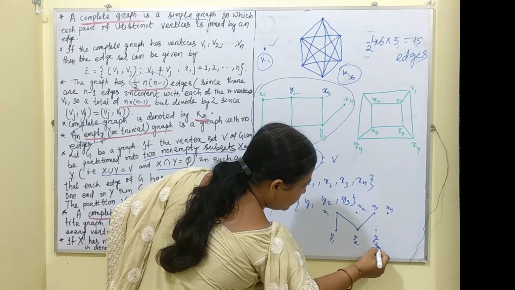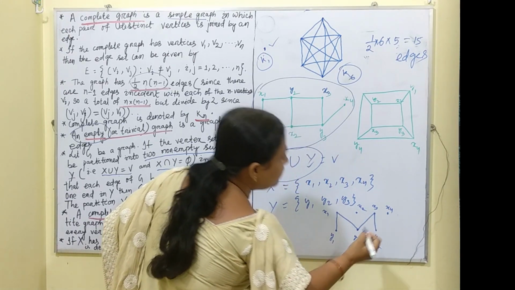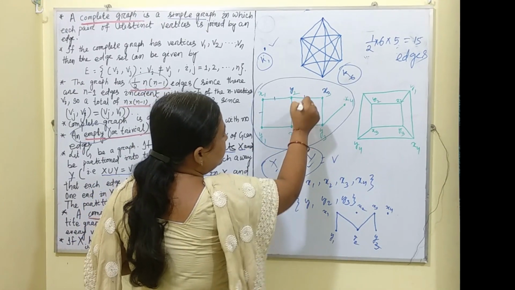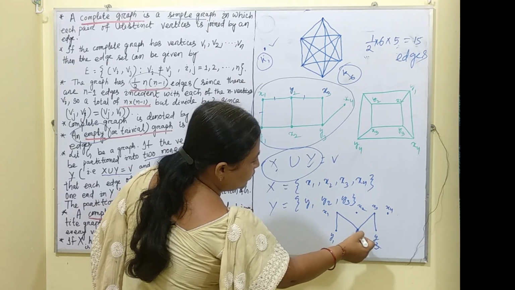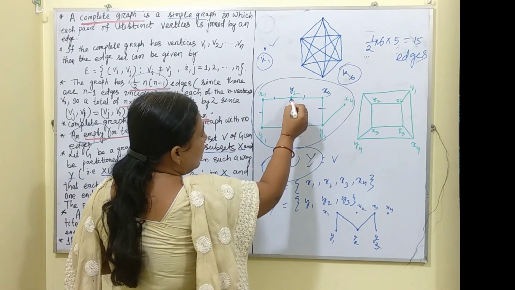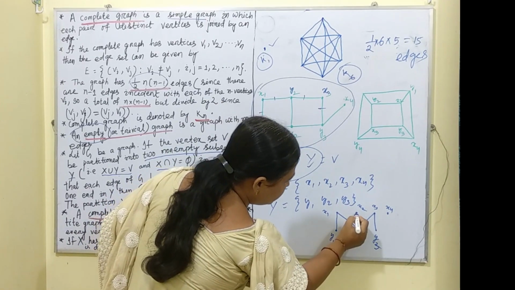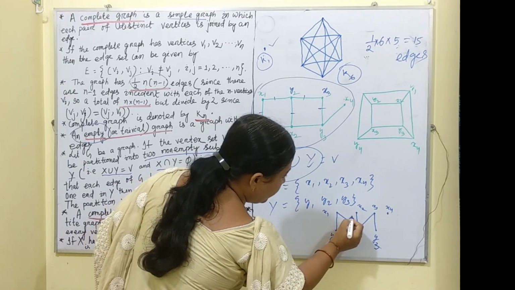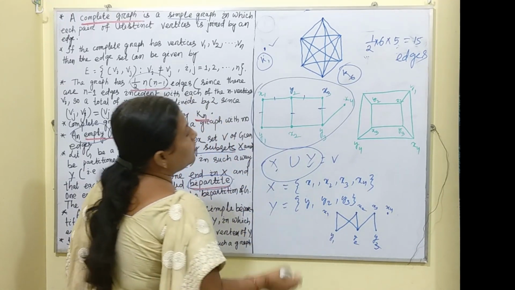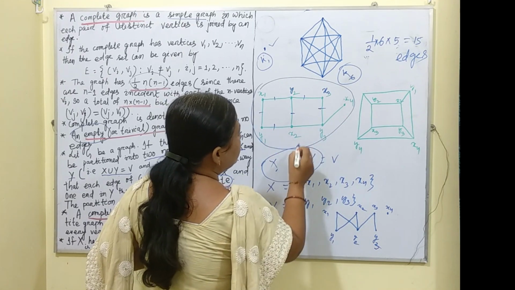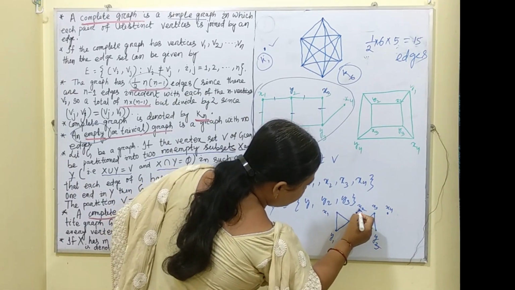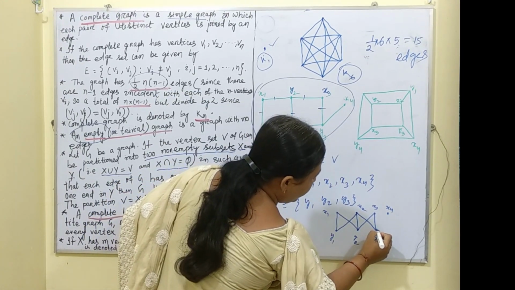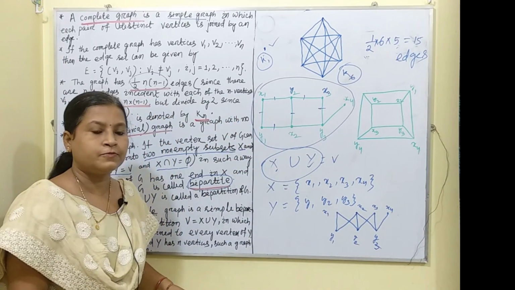Next, Y2 is joined with X2, Y1 with X2, Y3 with X2, and Y3 with X4.